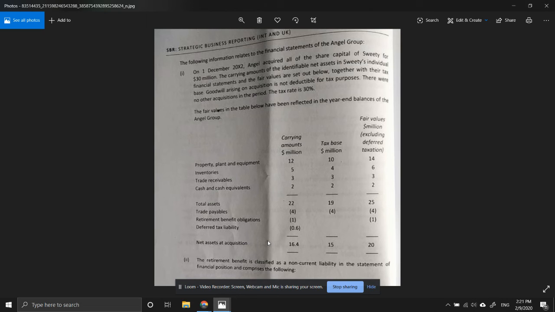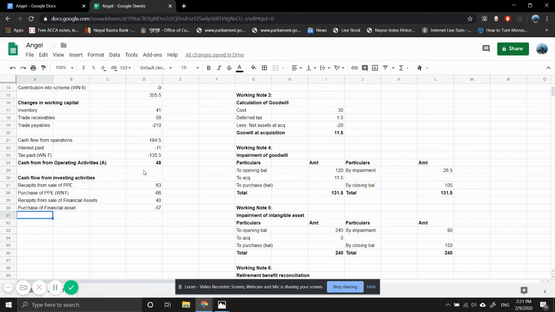Hmm, 30 million and minus 2 as well. So net purchase of subsidiary, because we need to minus 2, okay.